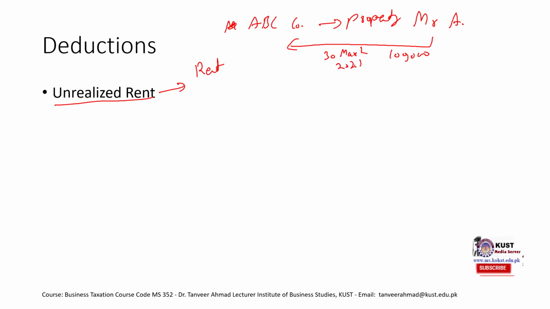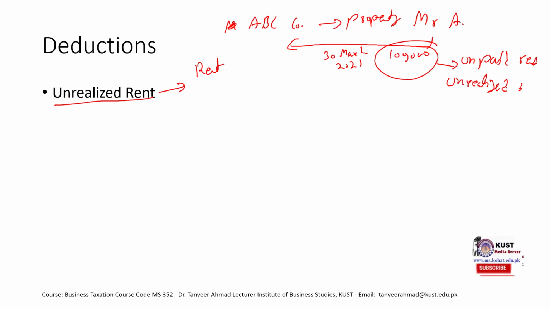This should have been paid, but Mr. A didn't pay the amount. So this rent would be called unpaid rent or unrealized rent.